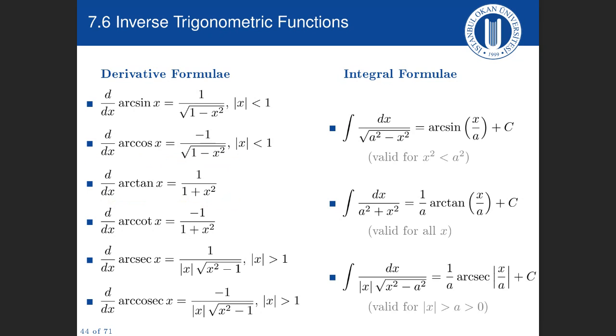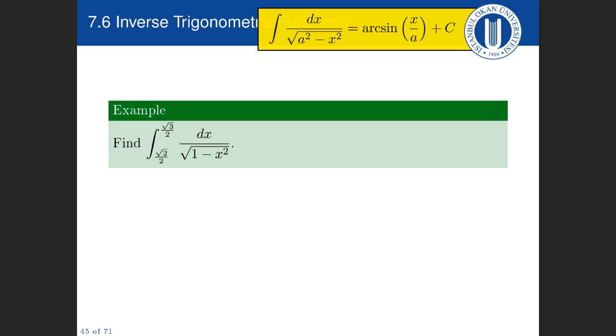And finally, the integral of dx over the absolute value of x, square root of x squared minus a squared, is 1 over a arcsec absolute value of x over a plus c. All of these formulae you have on your formula page in the exams.